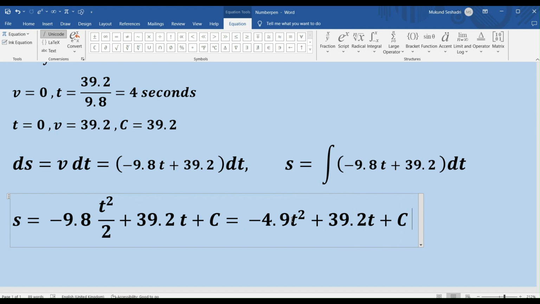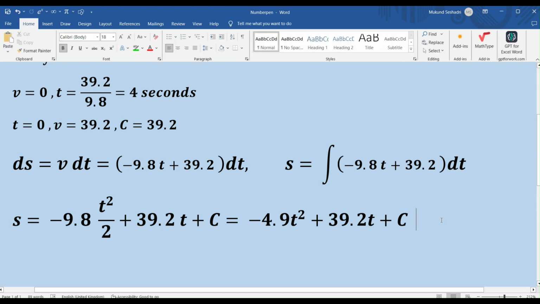I will have to figure out at the end of 4 seconds what is the distance traveled by the ball, right? Now, at the end of 4 seconds, the distance traveled by the ball can be very quickly arrived at by just making a simple substitution t equals 4 in this particular equation what I have on the screen. But then the challenge is I do not know what is my constant c.